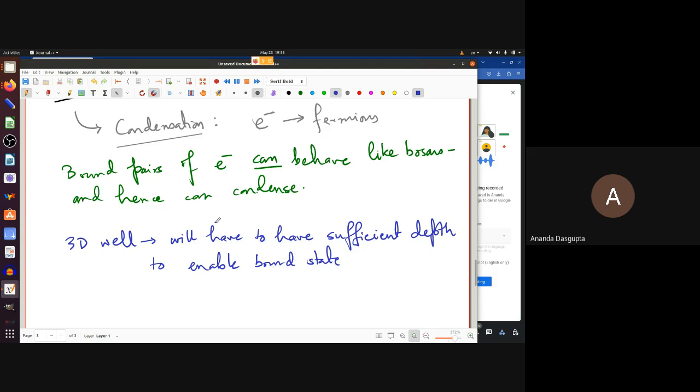But you can see that there is a bit of a big problem here. In order to explain superconductivity as a condensation phenomenon, you need the electrons to condense into a single macroscopic state. But electrons being fermions, they can't. However, bound states of electrons can behave like bosons, and so they can. The real problem is why should they form a bound state?